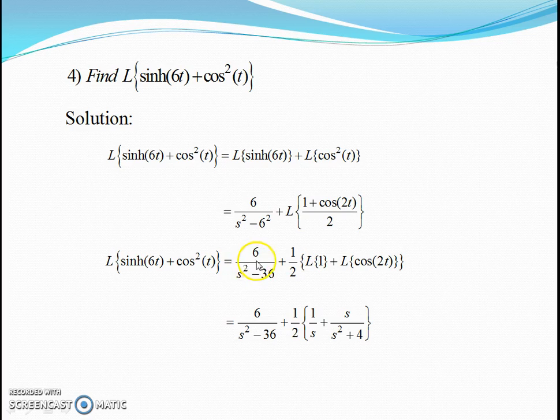So that gives 6 upon s square minus 36 plus 1 by 2 as it is, Laplace of 1 plus Laplace of cos 2t. From the table, the Laplace of 1 is 1 by s, and the Laplace of cos 2t is s upon s square plus 4. Therefore, the Laplace transform of the given function is equal to 6 upon s square minus 36 plus 1 by 2 in bracket 1 upon s plus s upon s square plus 4.